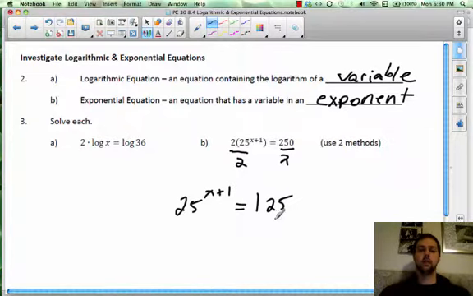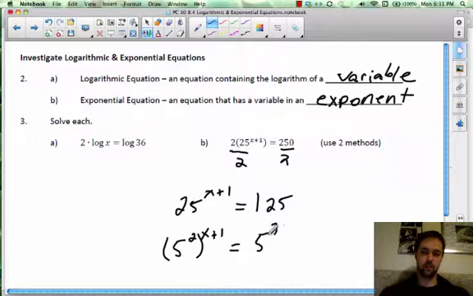Now, easiest way, in my opinion, recognize both 25 and 125 as powers of 5 and do a change of base. So 25 is 5 squared, and that will be all raised to the power of x plus 1, and 125 is 5 cubed.